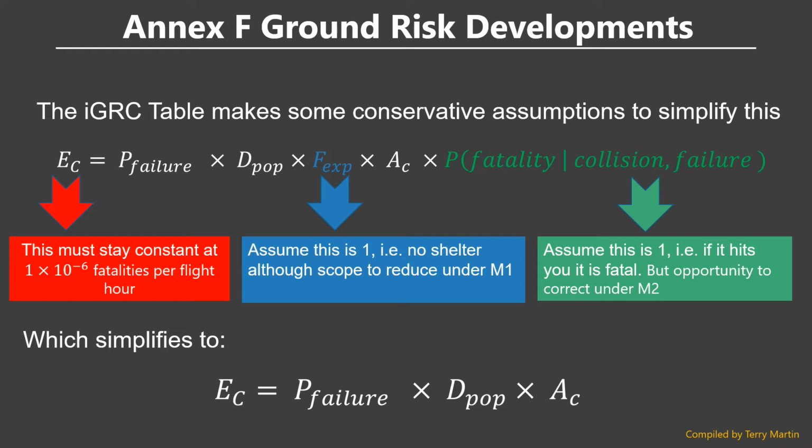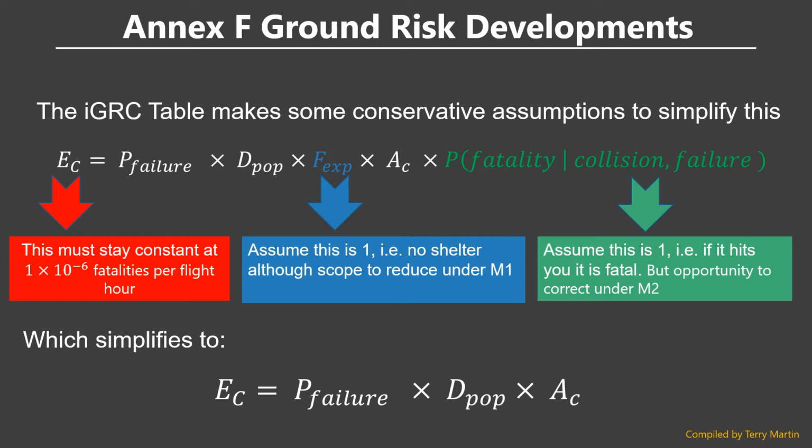And finally, I'll emphasize that we align ourselves with the manned community and fix the casualty expectation to 1 by 10 to the minus 6 per flight hour. What all of that does is allow us to simplify to three very simple things: the failure rate, population, and critical area.